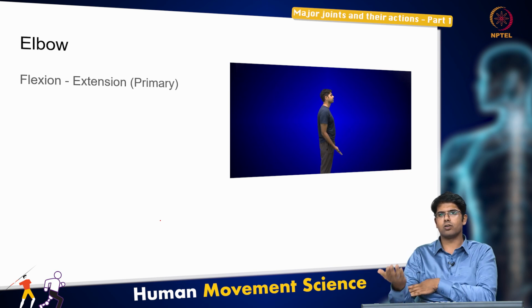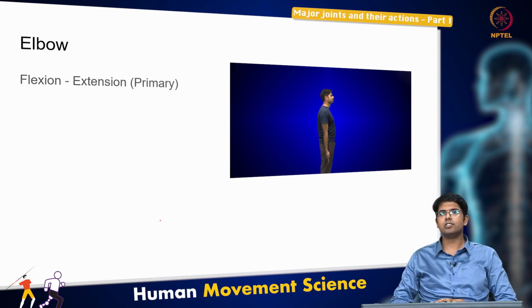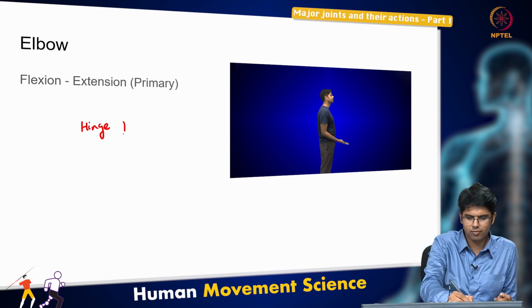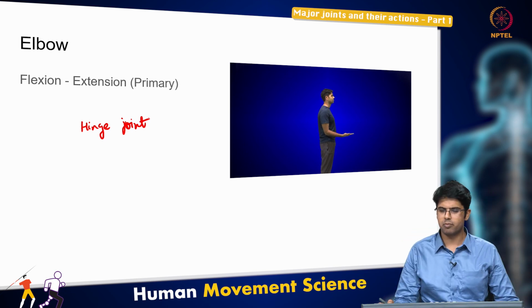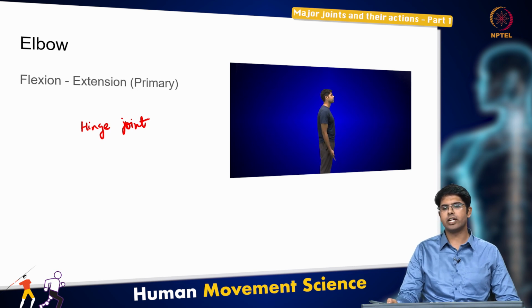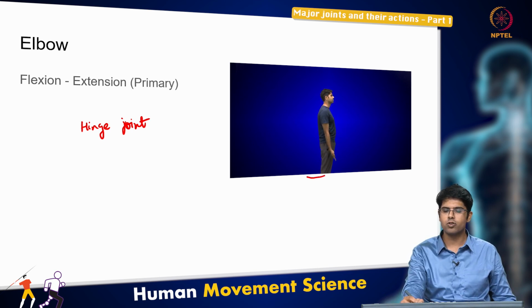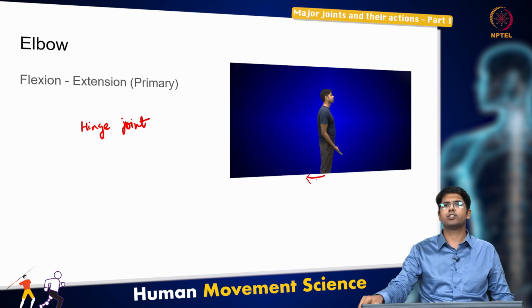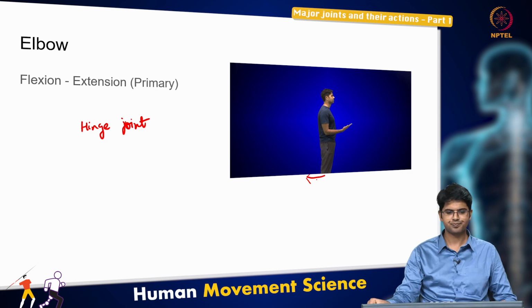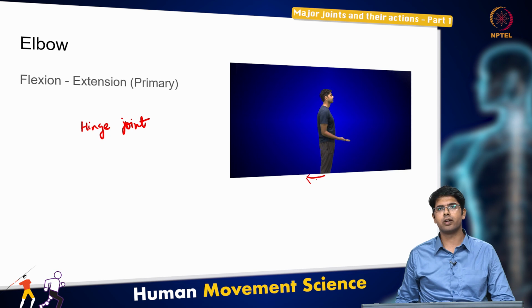So this is acting as a hinge joint primarily. And because it is acting as a hinge joint, it also limits the range of motion, right? So I cannot move my forearm past a certain point at which there is a hard stop where the bones connect. So if it is primarily a hinge joint, is there something else that the wrist can do?